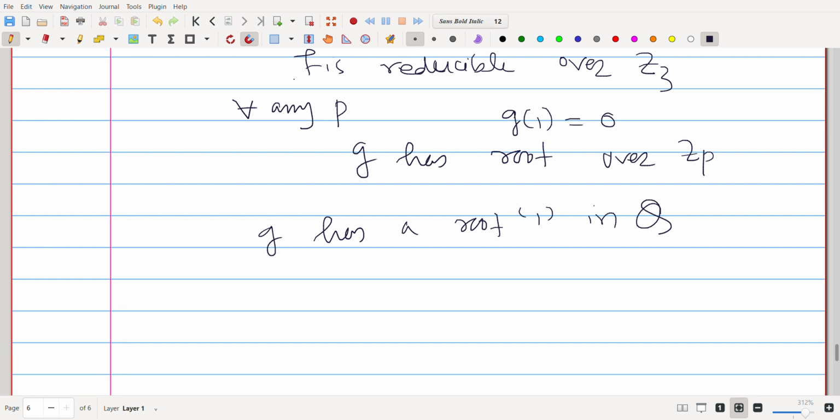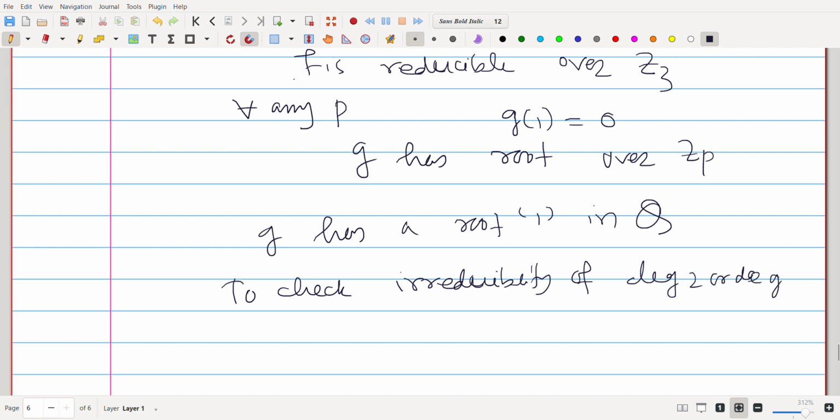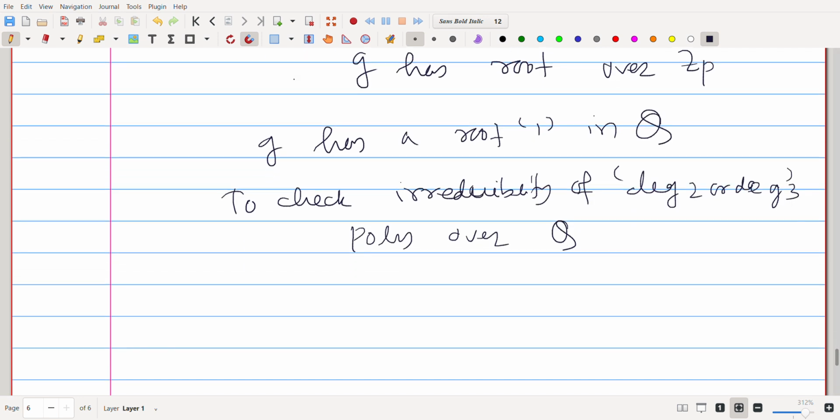Fourth one is f(x) is irreducible in Q[x]. That is true, because to check irreducibility of a degree 2 or degree 3 polynomial over Q, it is enough to check whether it has any zero or not, right?